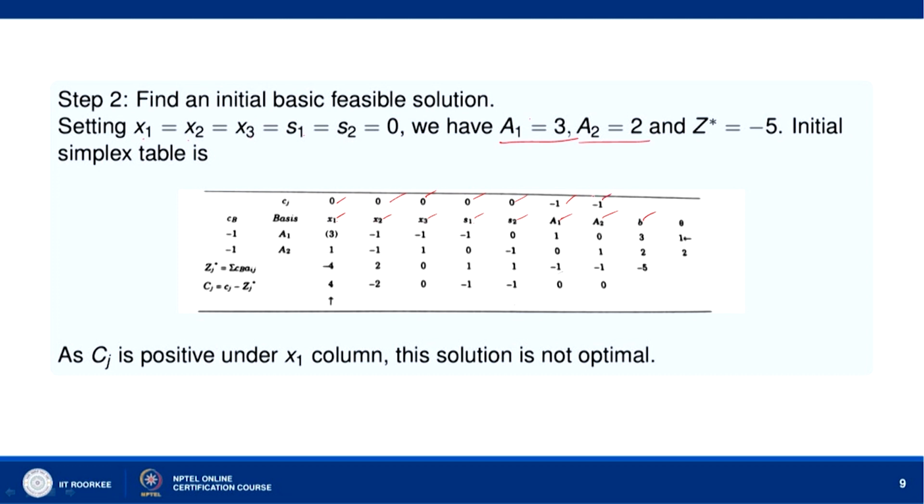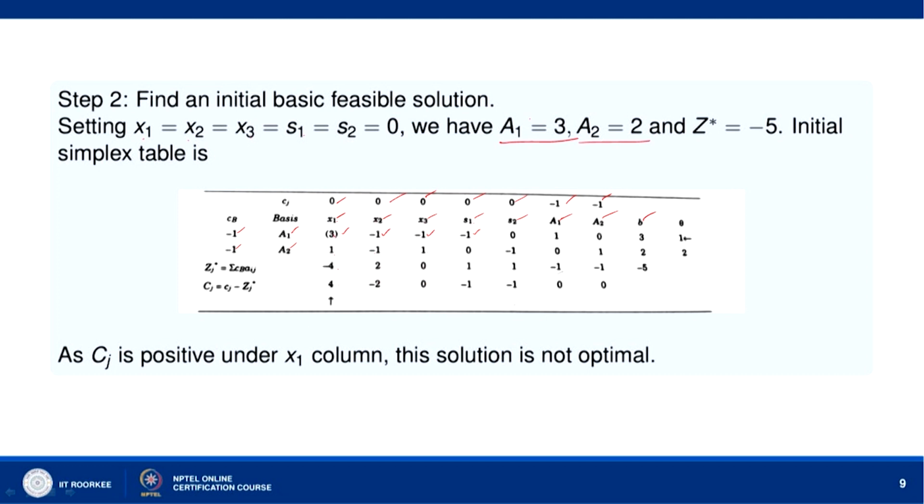and the coefficients of a1 and a2 in the objective function are minus 1 each. This is your body matrix: 3 minus 1 minus 1 minus 1 0 1 0, 1 minus 1 1 0 minus 1 0 1.